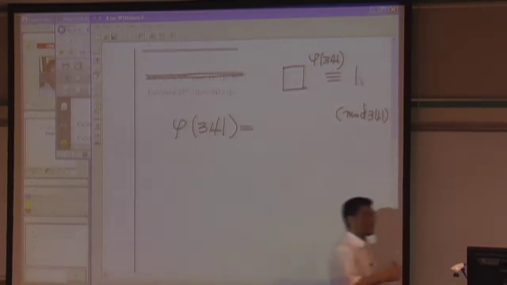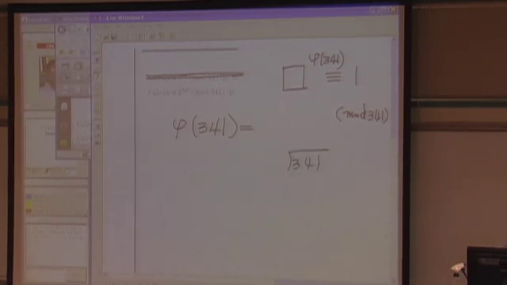So let's calculate phi of 341. 341 is 31 times 11, right? So 11 multiplied by 31, and then you can write it this way: 341 multiplied by 1 minus 1 over 11, and then 1 minus 1 over 31.